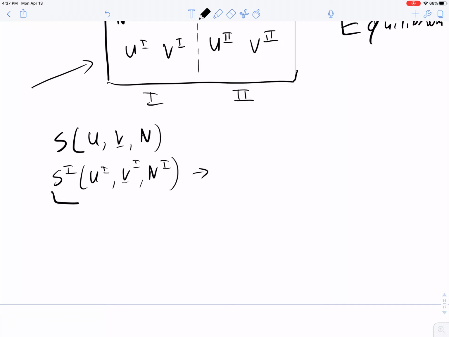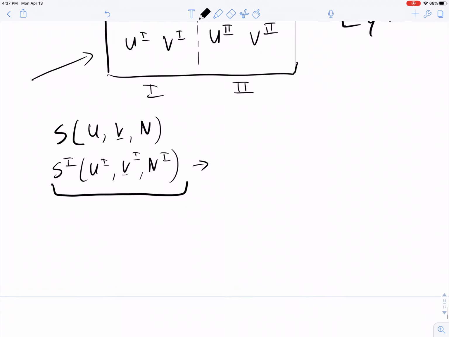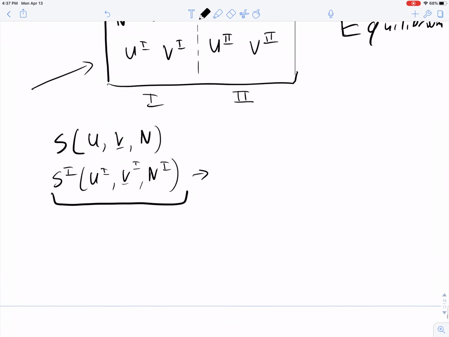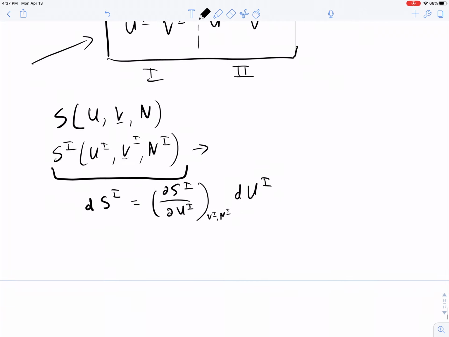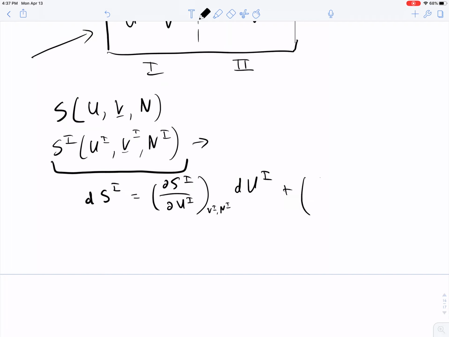So if we have entropy, for instance, in partition 1 of this system, we want to know how that changes. So we can write dS of partition 1 is equal to, well, for any type of system, it's going to be equal to how much this changes with respect to U with constant V1, N1, times a small change in U, plus look at how the system changes with respect to the volume.